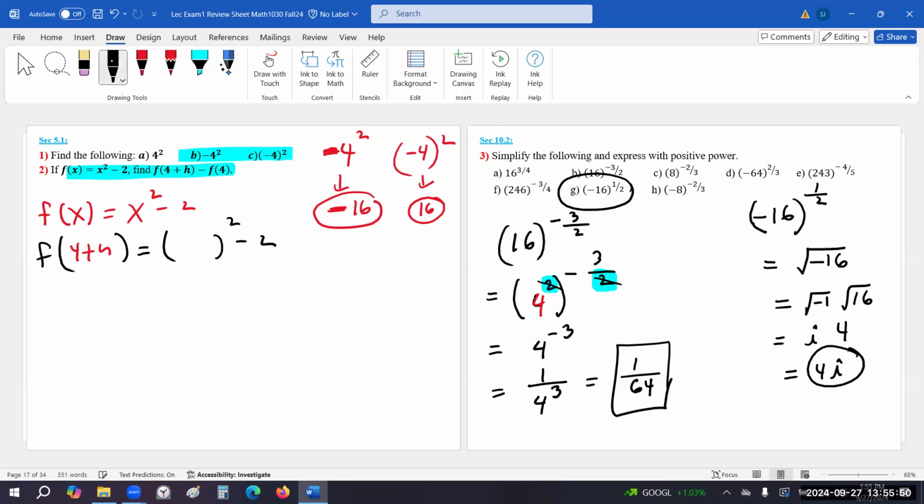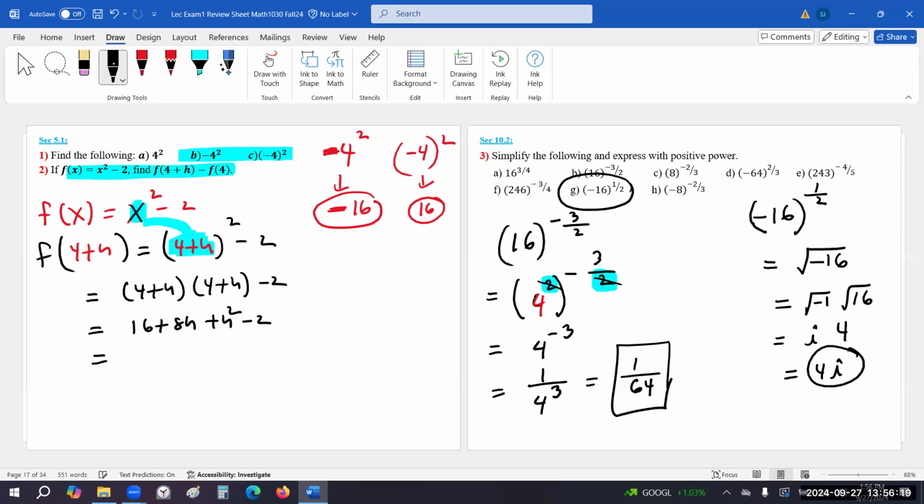We keep our structure the same, but the x turns into 4 plus h. Good, you remember that. So 4 plus h times 4 plus h, and then you subtract 2. If you use FOIL, you'll see that it becomes 16 plus 8h plus h squared.